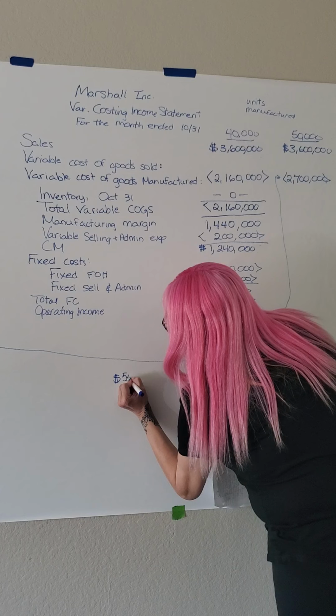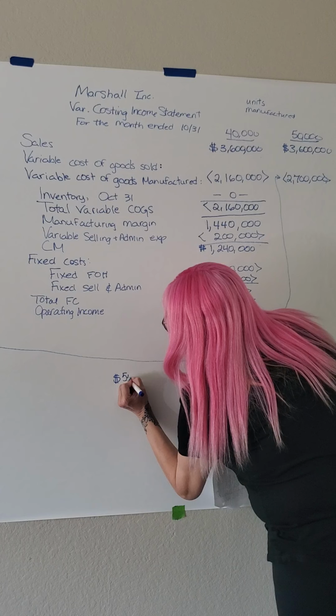So the total here is 2,160,000. And so if we divide that by 40,000 units, that's going to give us a total of $54 per unit.